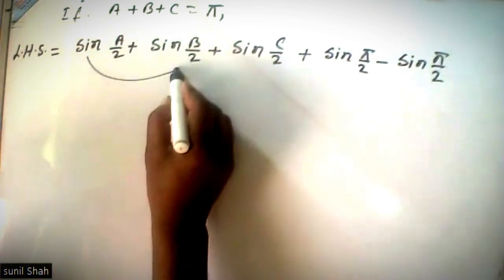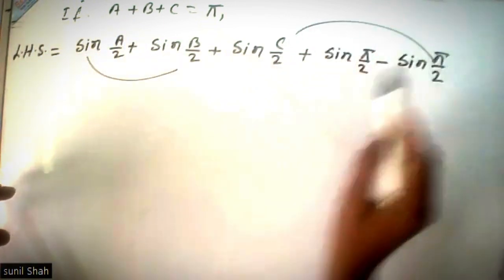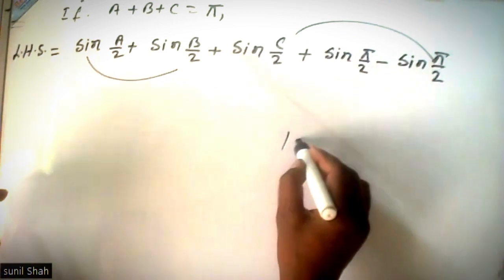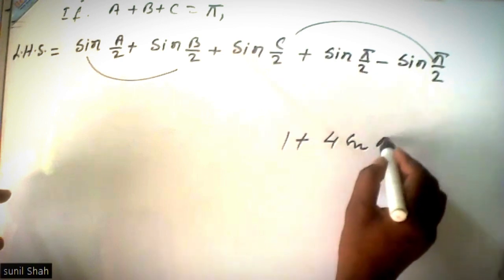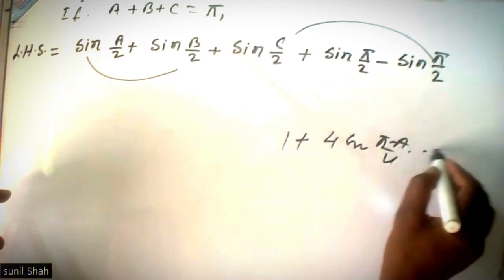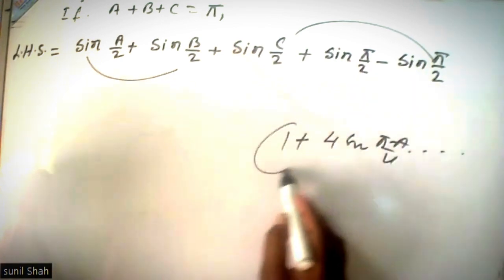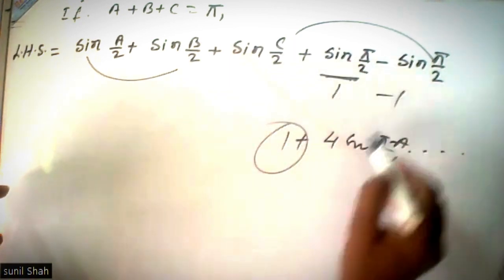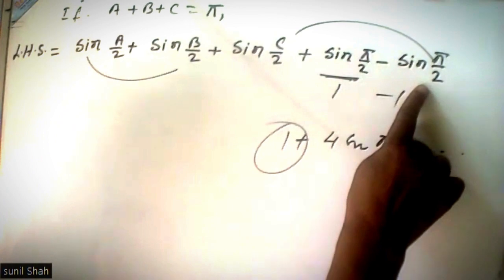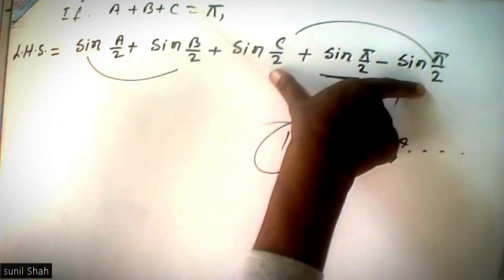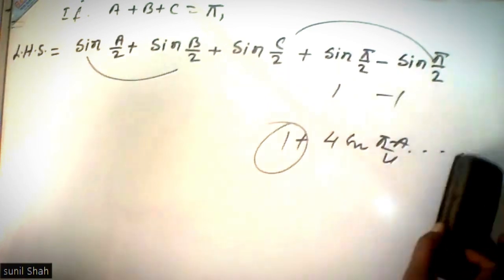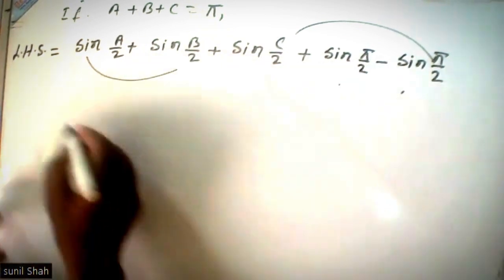Now take this and this together, sin C plus sin D, and here sin C minus sin D. Since we need to prove that 1 plus 4 sin pi minus A by 4 and so on, we need plus 1 for this. This is plus 1 and this is minus 1. So convert this and this in another form, but this remains same. Sin pi by 2 is 1. So we leave this as it is.